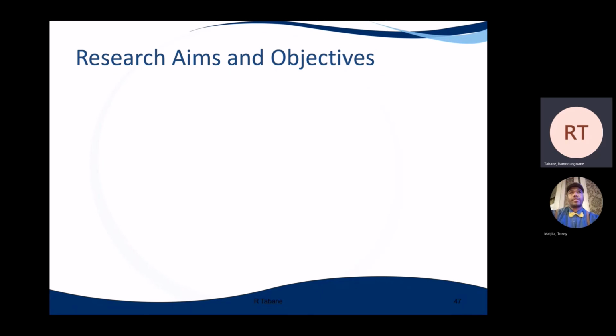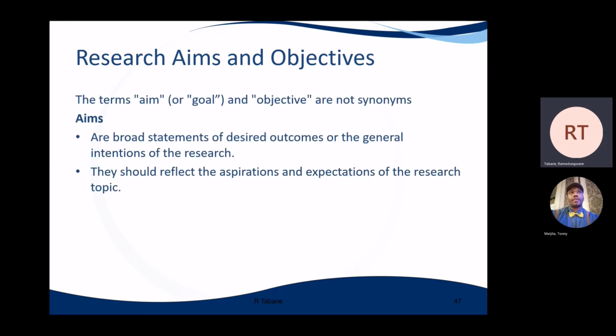lecturers and supervisors prefer the aims or objectives of your study to be at the beginning, but it doesn't matter as such. Let's just speak to that component. What does it cover? The aim is your broad statement of intention. Remember, as we spoke about the purpose statement and the aim, this is the very same aim.